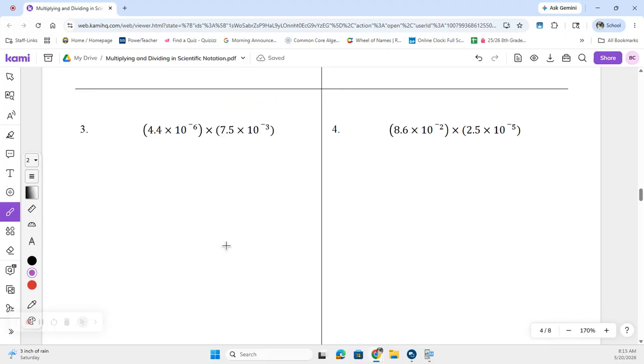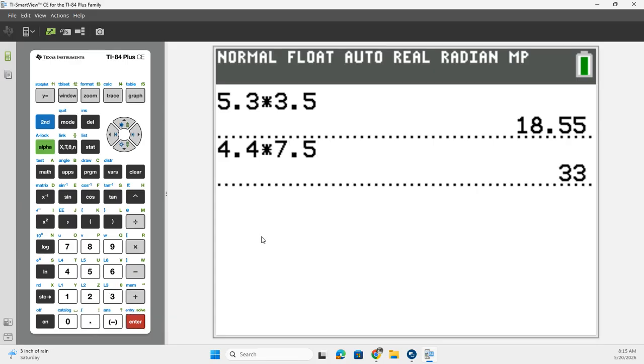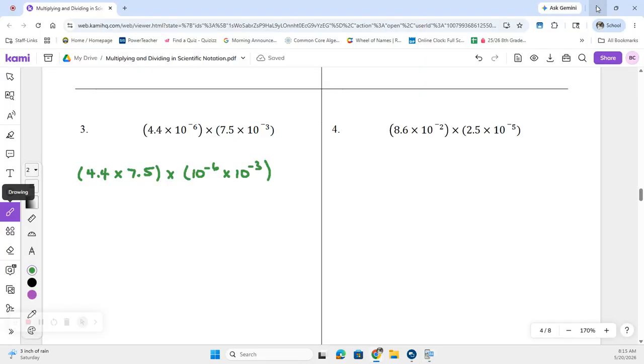Number three, 4.4 times 10 to the negative sixth multiplied by 7.5 times 10 to the negative third. 4.4 times 7.5, we get 33.